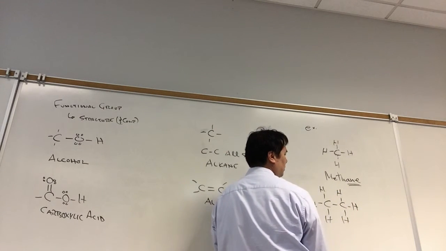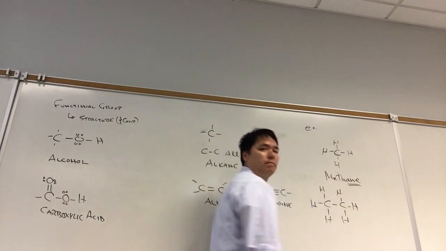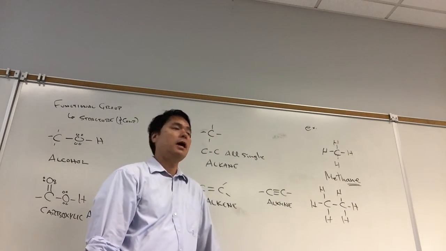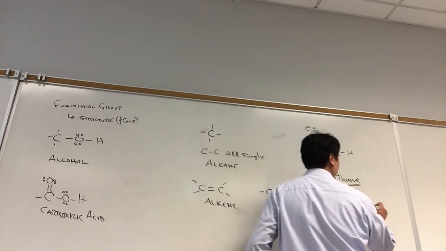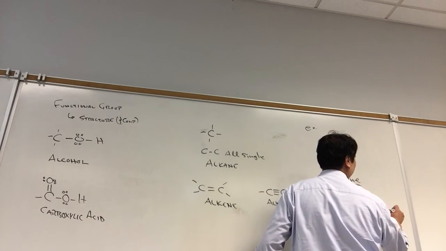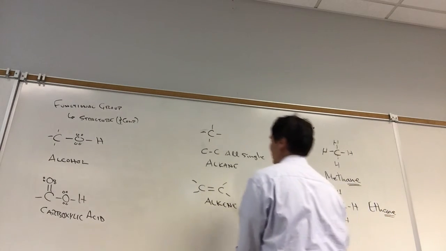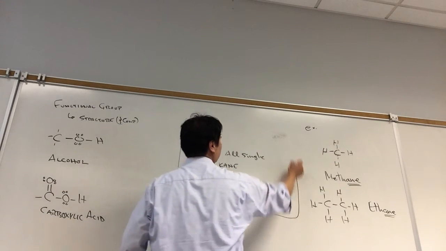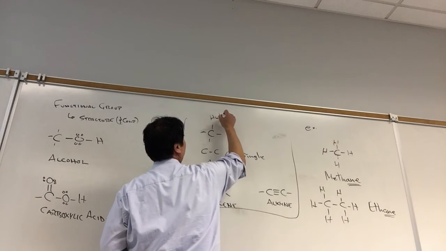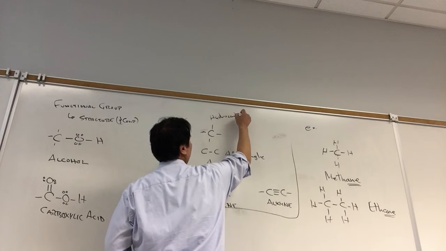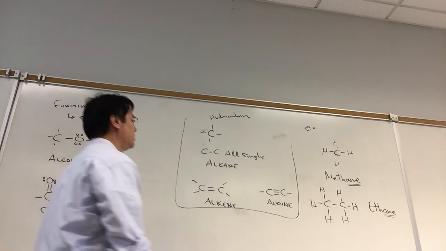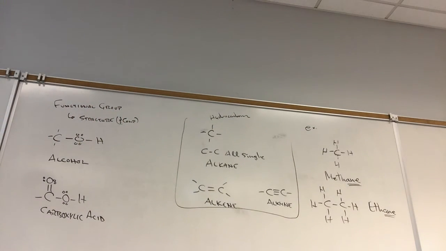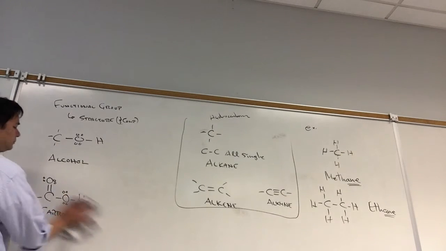This one would be called ethane, and it's just a hydrocarbon. These ones here are for hydrocarbons primarily, but it could be for others as well. I mean, we could have these. But what we're going to see for our class, hydrocarbons.